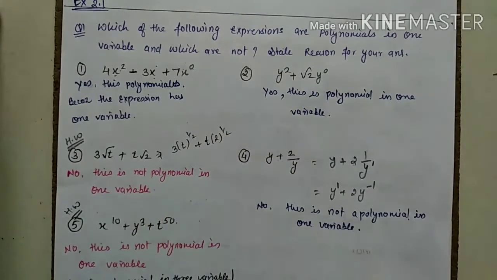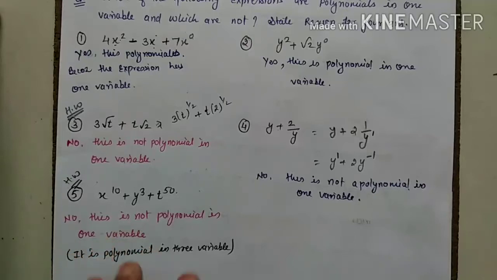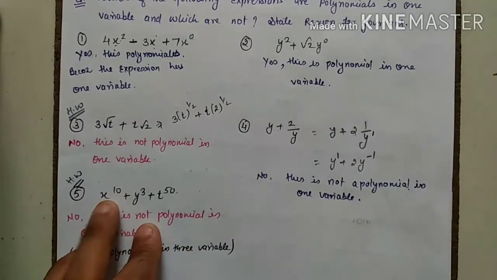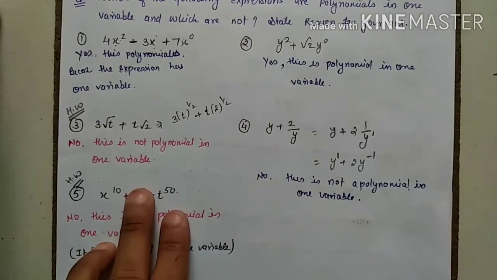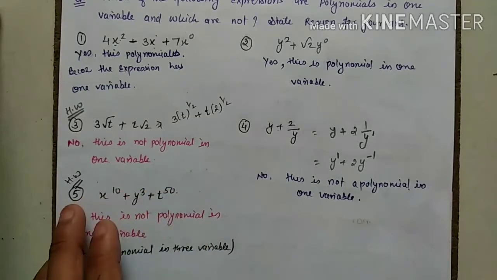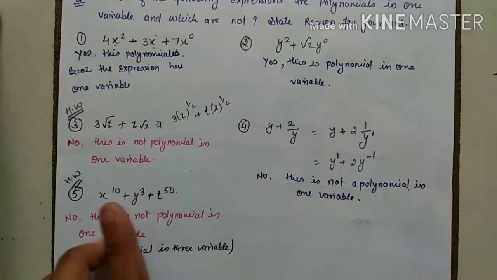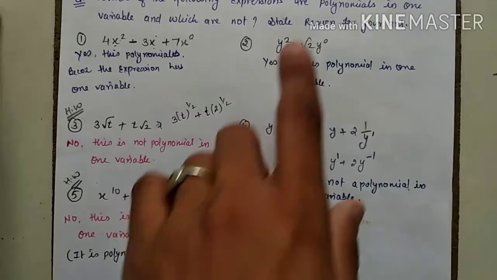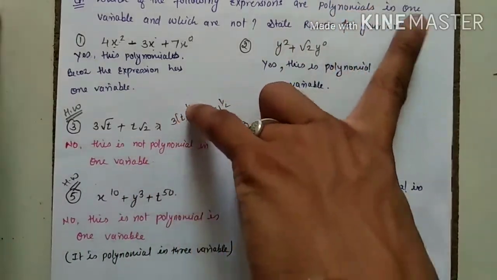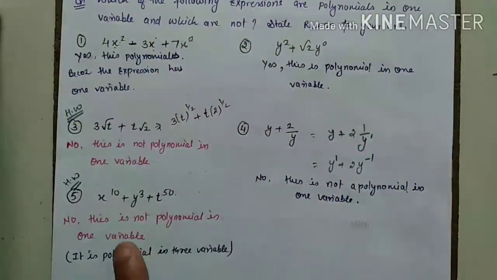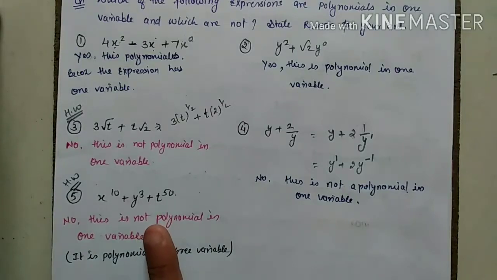Is it clear? After that I have given you question 5 as homework. Just see: x power 10, y power 3 and t power 50. First of all, how many variables do we have here? 1, 2 and 3. The question is asking you to tell whether it is a polynomial in one variable. So this is not satisfying the one variable format. But here the powers are positive and in whole numbers.